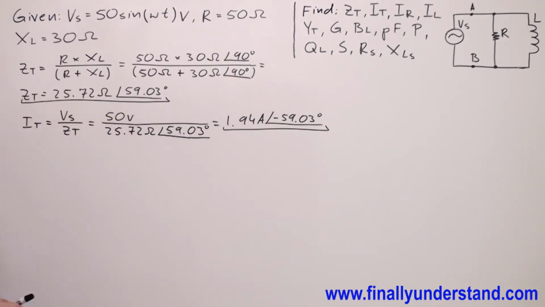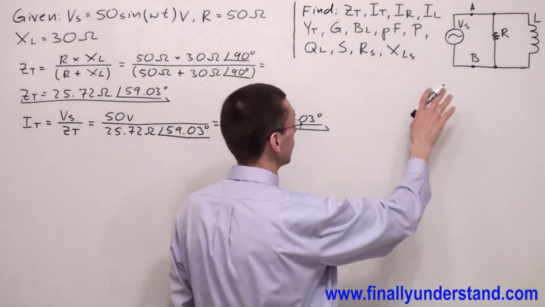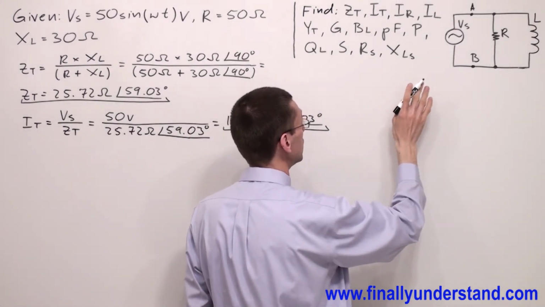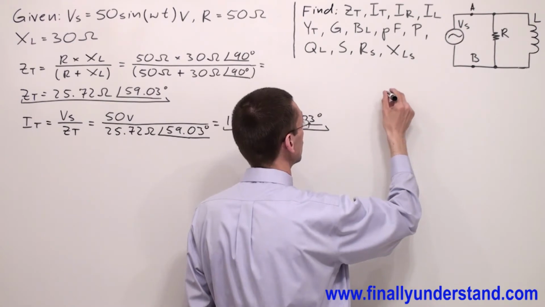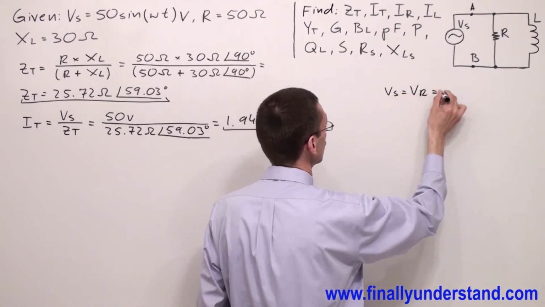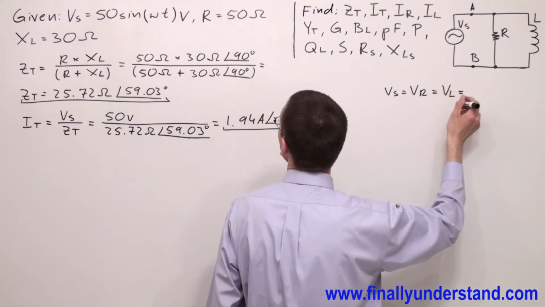Next, we're supposed to find the current which goes through the resistor. Please notice that we are dealing with the parallel circuit. When we have a parallel circuit, the voltage across each component is the same. So voltage source is equal to VR and is also equal to the voltage across the inductor, which is equal to 50 volts.